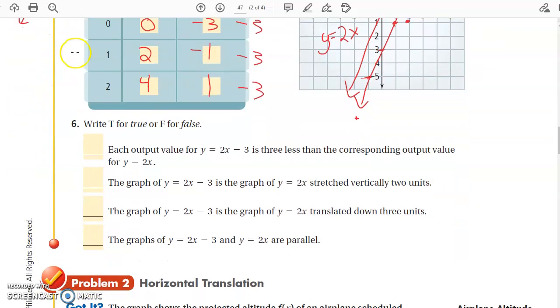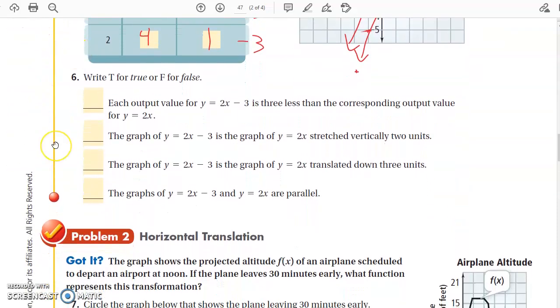Number 6. Write true or false for the statements. Each output of y equals 2x minus 3 is 3 less than the corresponding value of y equals 2x. And we said that, so it is true. The graph of y equals 2x minus 3 is the graph of y equals 2x stretched vertically 2 units. No, it's not stretched. The graph of y equals 2x minus 3 is the graph of y equals 2x translated down 3 units.